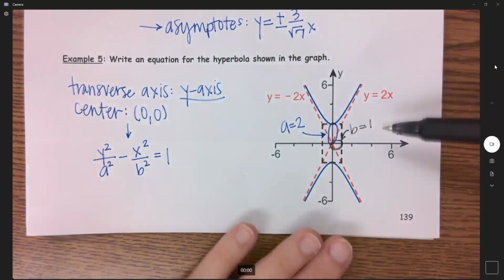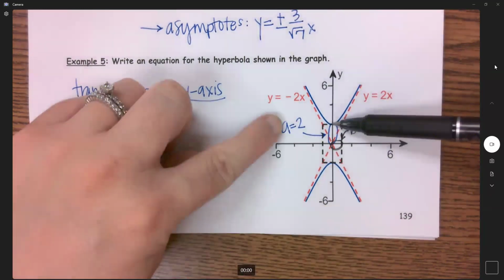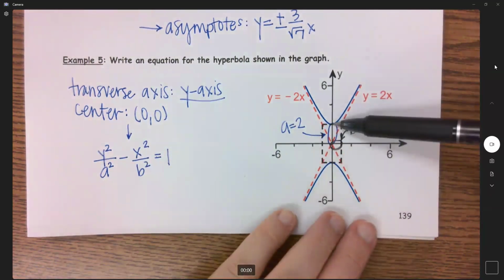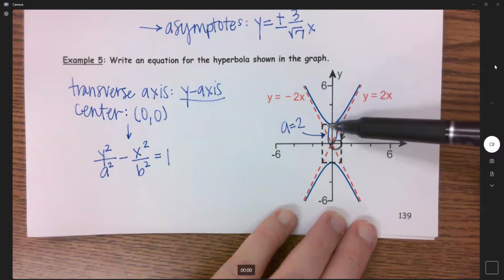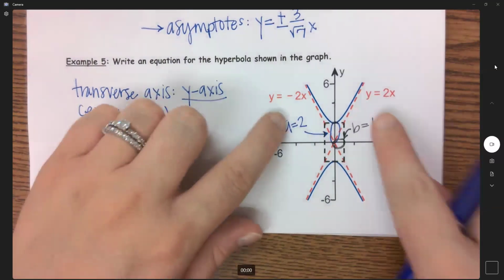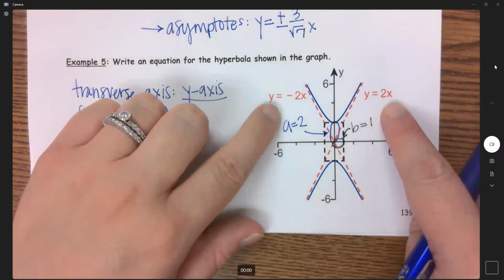And you can verify that. They tell you the slope. If you use rise over run, we go up 2 and run 1, we have a slope of 2. If we go up 2, run -1, we have a slope of -2. So you can use those to help you verify that you've got your a and your b right.